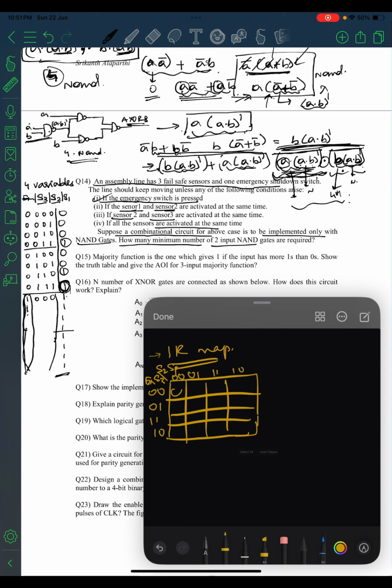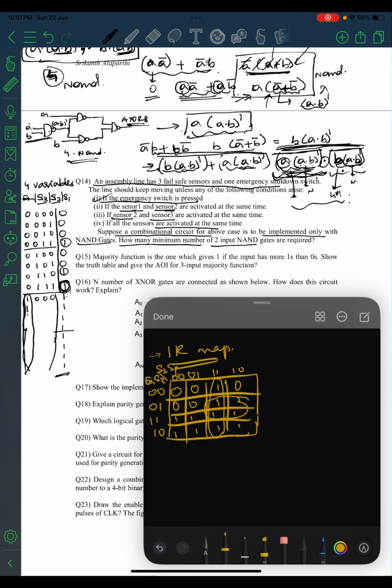If you look into this 0 0 1 0 and 0 0 1 1 and 1 for all these cases, it is 1. So this is one case for covering it.